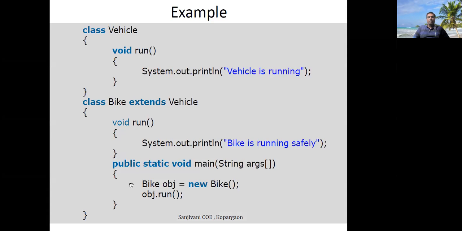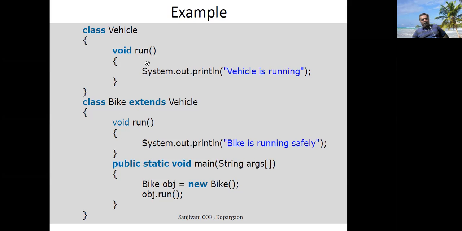Here the example of method overriding is shown in Java. Vehicle is a base class. Inside the vehicle class, the implementation of the void run method is shown, whereas class Bike extends the Vehicle class. Inside the Bike class, we write the implementation of the same method, the run method.